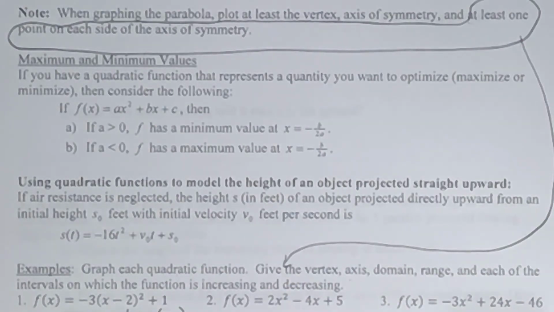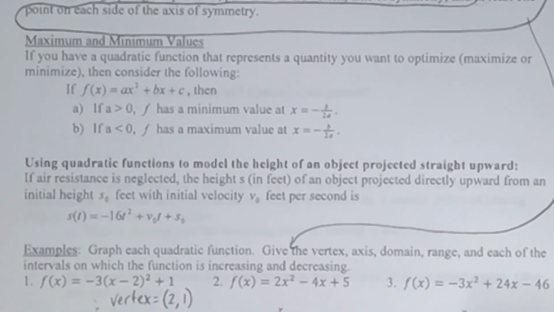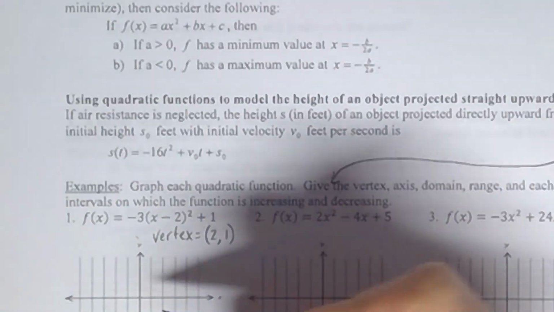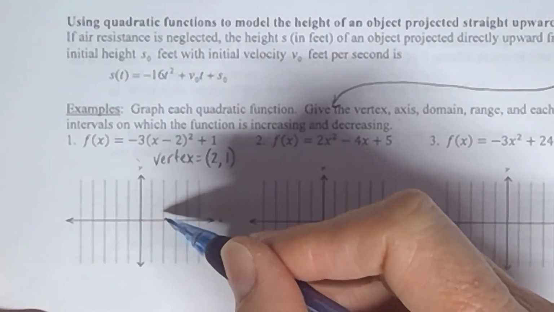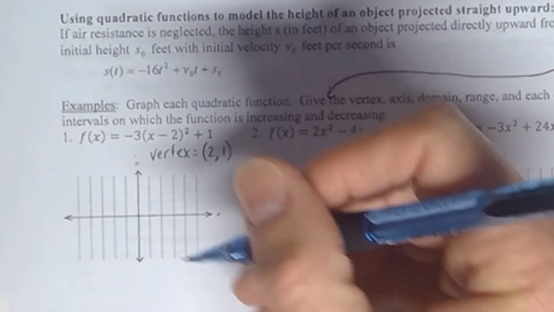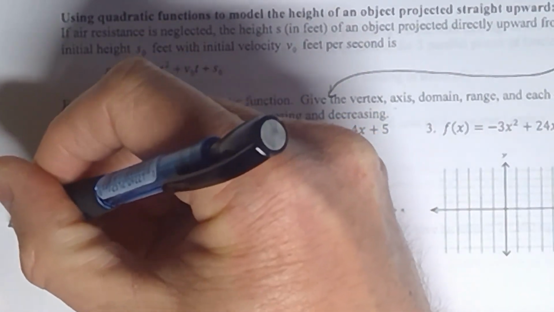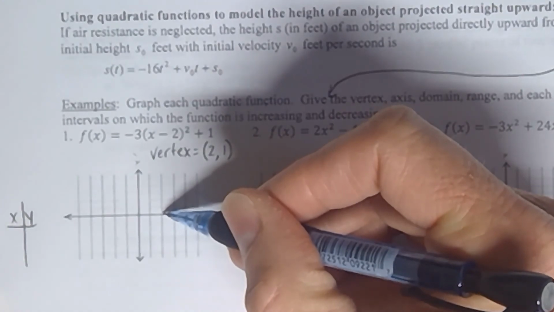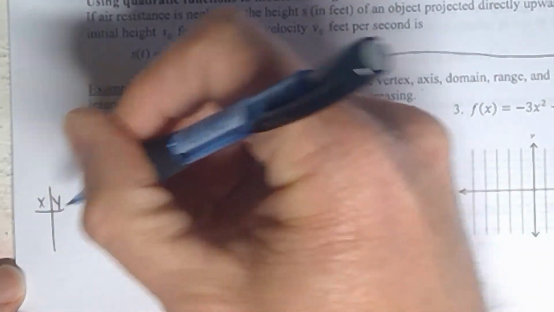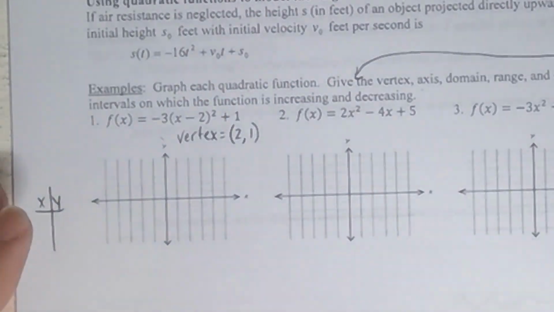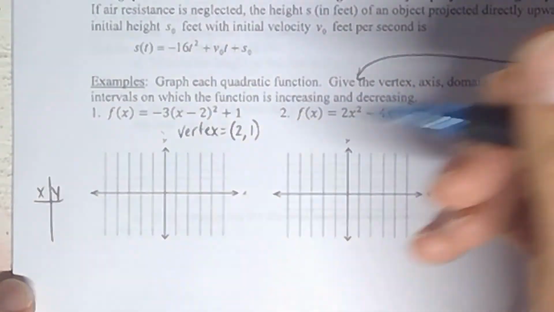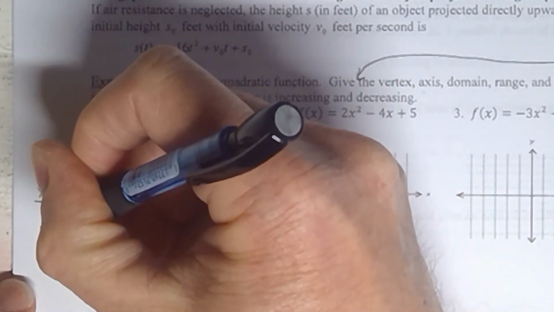So now we want to find 1 point on each side of the vertex. So the vertex is at x equal to 2, right? What I mean by finding a point on each side of the vertex is like this. Since the vertex is at x equal to 2, you just need to pick an x value on each side of that. So if it's a 2, then 1 and 3 are good choices.